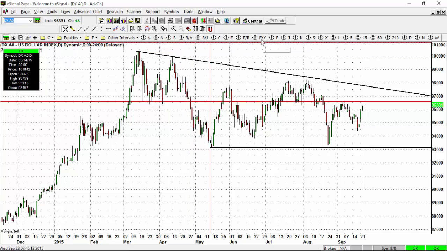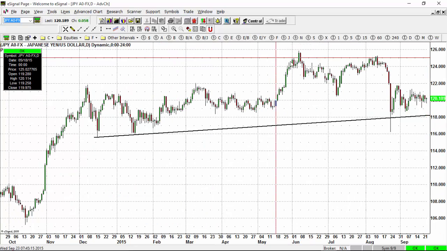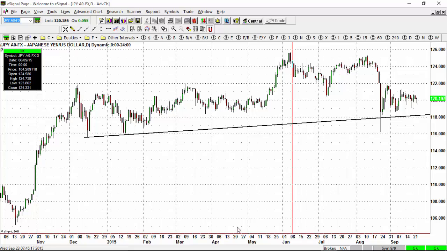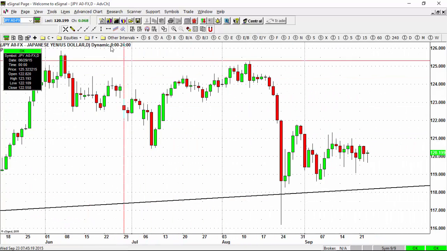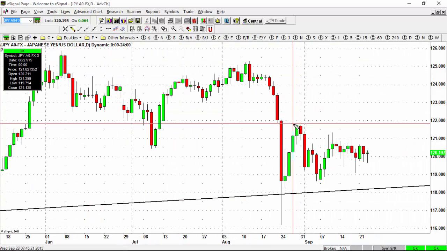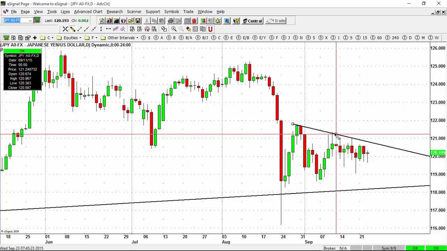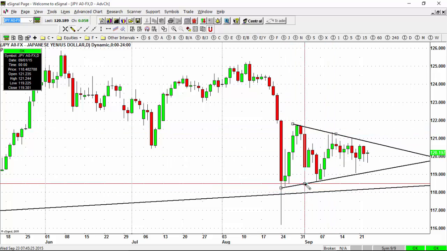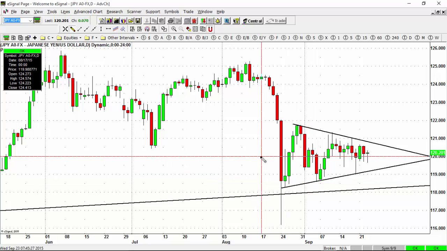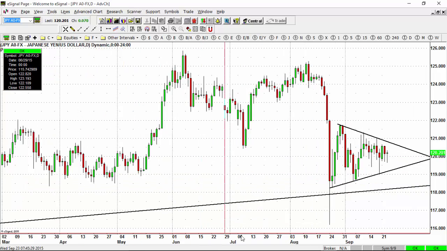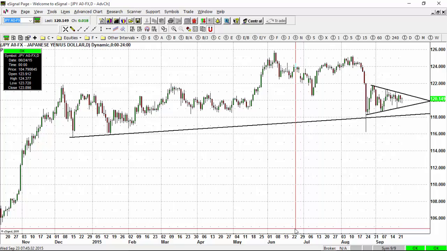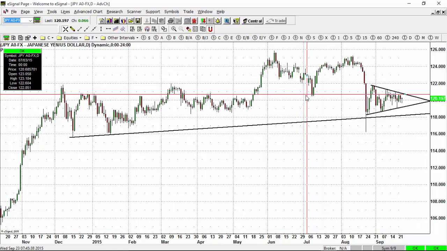Taking a look at the Japanese yen. The Japanese yen is still in a consolidation pattern, and as you can see, let me just draw the triangle. The market is in a triangular consolidation pattern, and it's really just holding its own right now. A break in either direction would give some more clues as to where the Japanese yen would go.